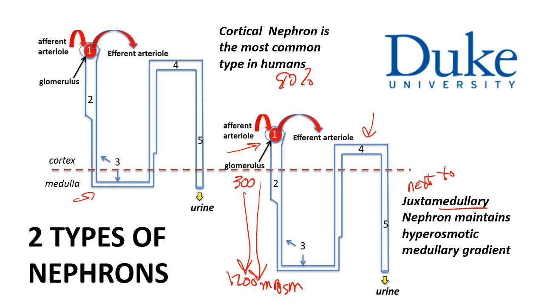So we have a standing gradient, and the gradient is made up of sodium and urea. This particular osmotic gradient is absolutely critical for the kidney to be able to generate concentrated urine. And we'll discuss that in one of the later lectures.